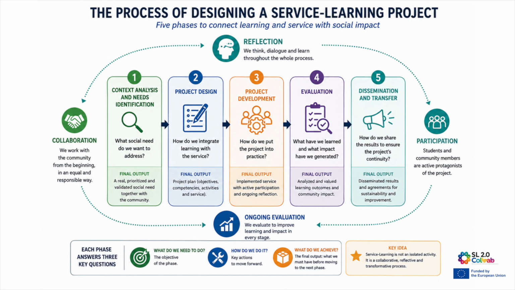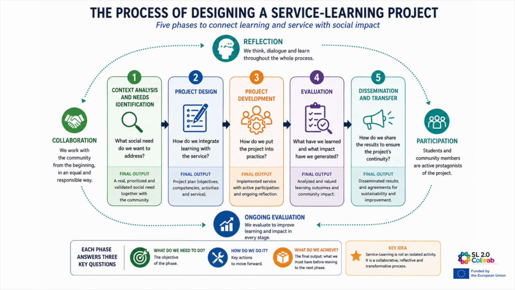Before looking at each phase in detail, let's take a moment to look at the whole process. Designing a service learning project involves 5 main phases: analyzing the context and identifying needs, designing the project, implementing it, evaluating the experience, and sharing the results. These phases should not be understood as isolated steps.